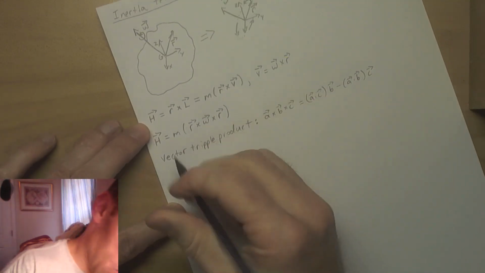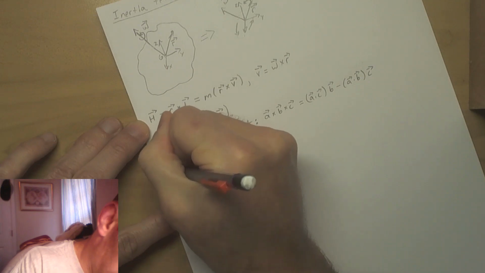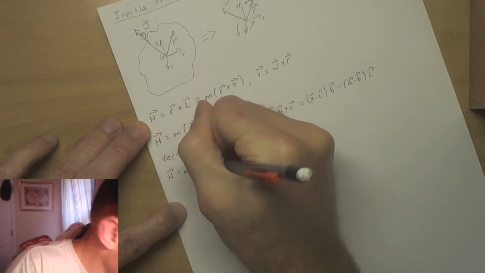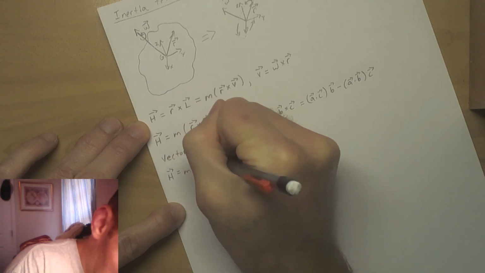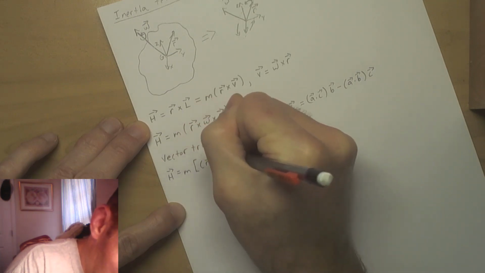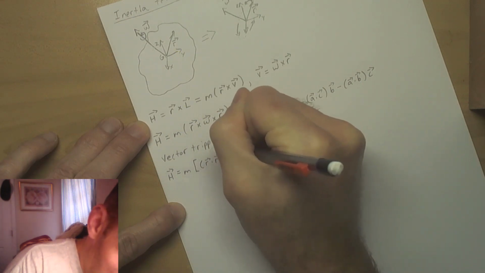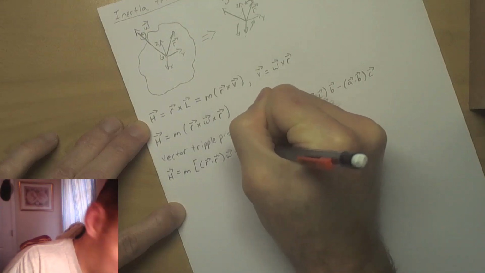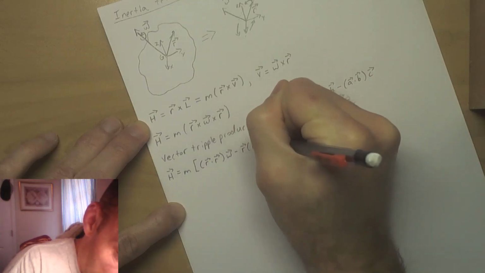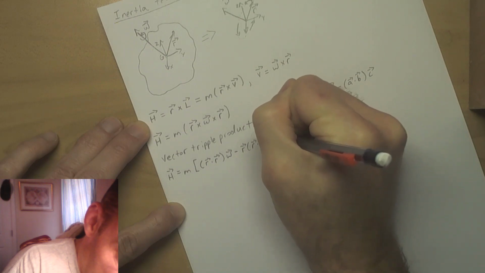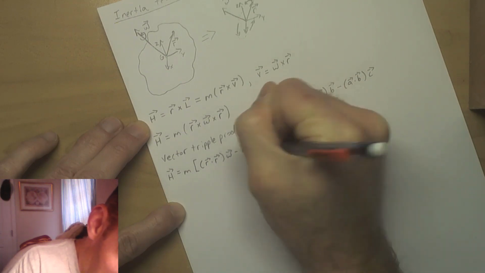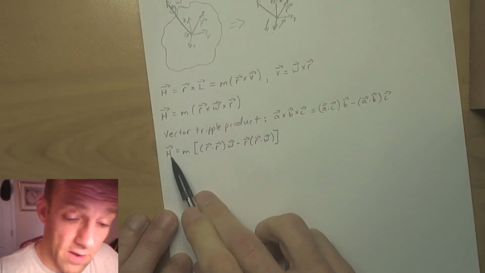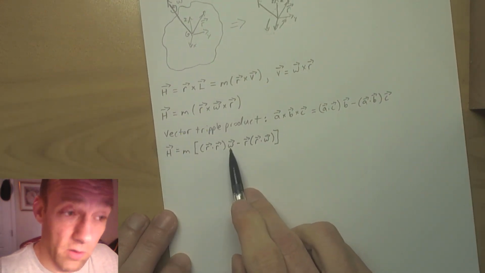And so H then becomes... so what's interesting here is that H isn't simply directed along omega.